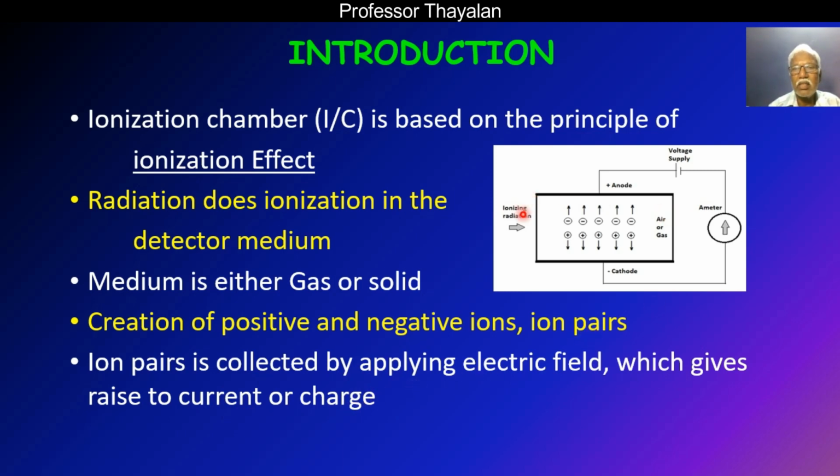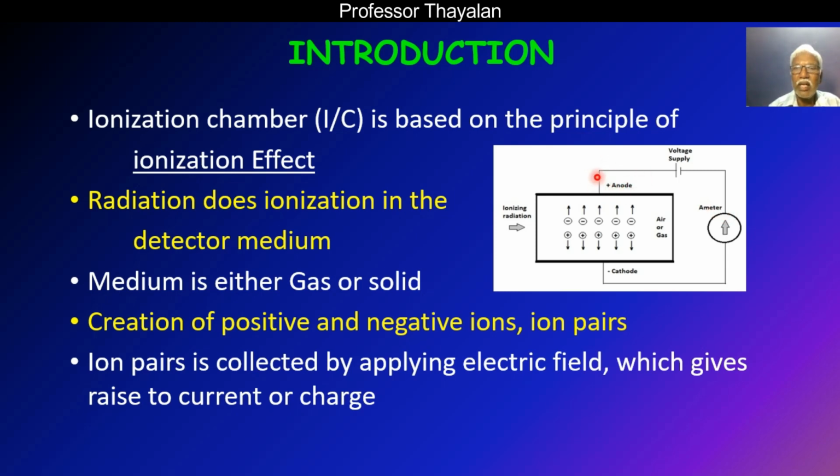So let us consider the figure. This is the ionization chamber principle. This is the chamber volume, which is filled with a gas. Now radiation is passing through the medium. It does ionization and produces negative and positive ions. Consider that this electrode is given a positive potential and the other electrode is given a negative potential through an ammeter.